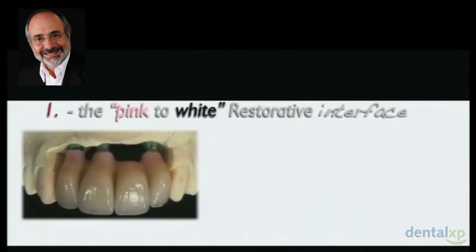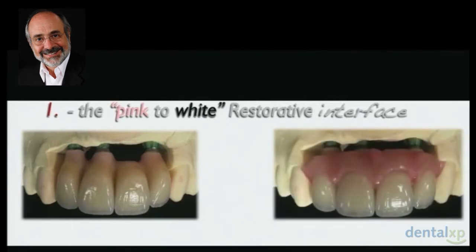So let's talk first about the pink-to-white restorative interface. You've got teeth, obviously too long, elongated, distorted, aberrant tooth forms. We fix them up by adding pink porcelain to these, and all of a sudden the teeth are really pretty. But in adding this pink to the white, you get a new interface.